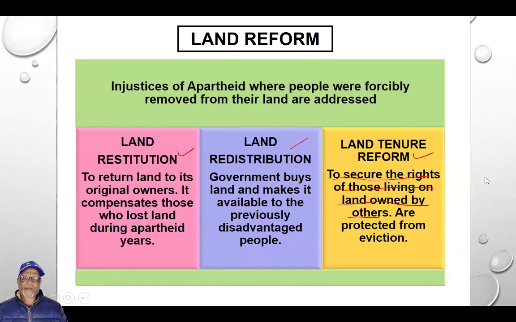They need to give them some time to find an alternative. What is protecting that person there? It is land tenure reform. It is to secure the rights of those living on the land owned by others. So a person cannot just wake up overnight and say, move out of my place, because you are protected by the Land Tenure Act.